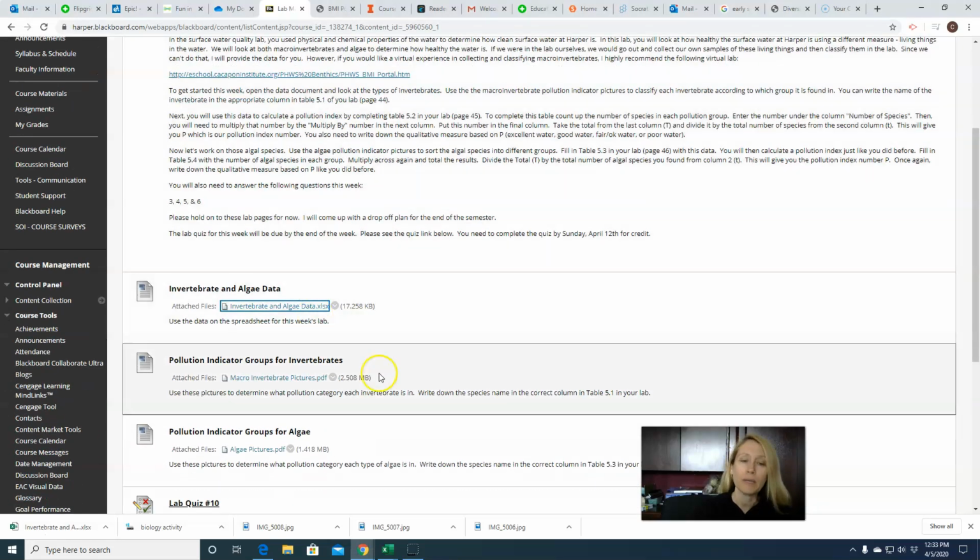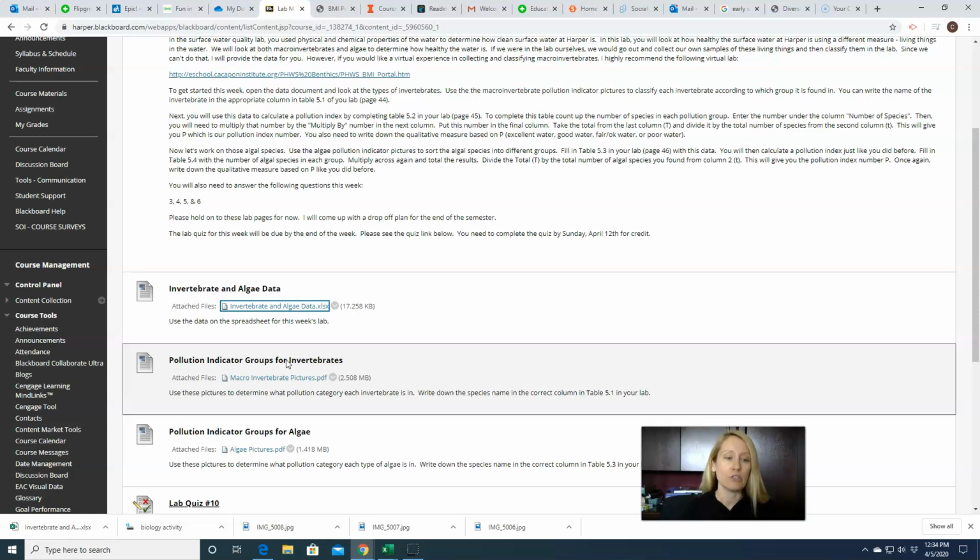Part two is that you are going to fill out table 5.1 in your lab. Here's table 5.1. What table 5.1 wants you to do is put these species into different categories. You'll see that there's a group 1, a group 2, a group 3, and a group 4 on here.